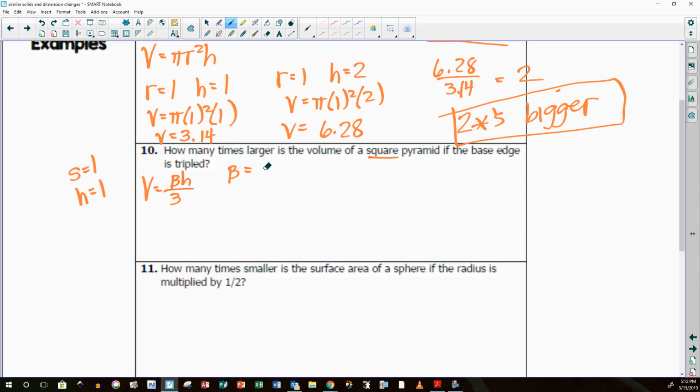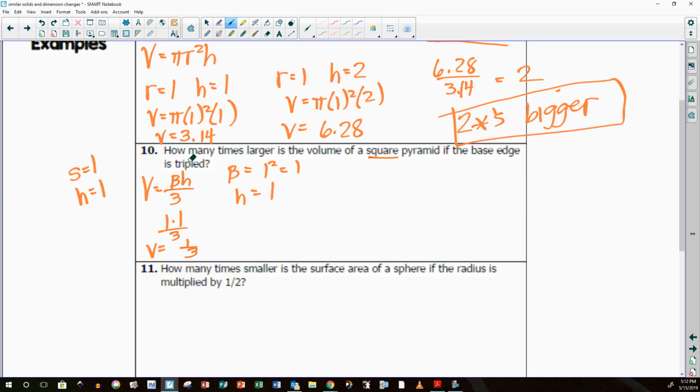So big B is 1 squared, which is 1, and our height is 1. So 1 times 1 divided by 3 is 1/3. That's the volume of a square pyramid with a base edge of 1.